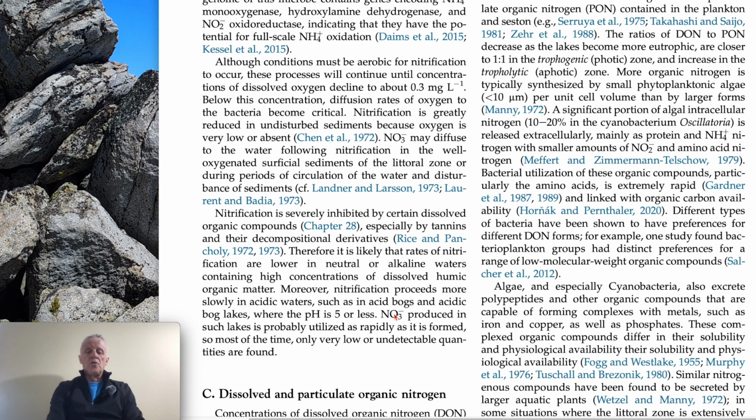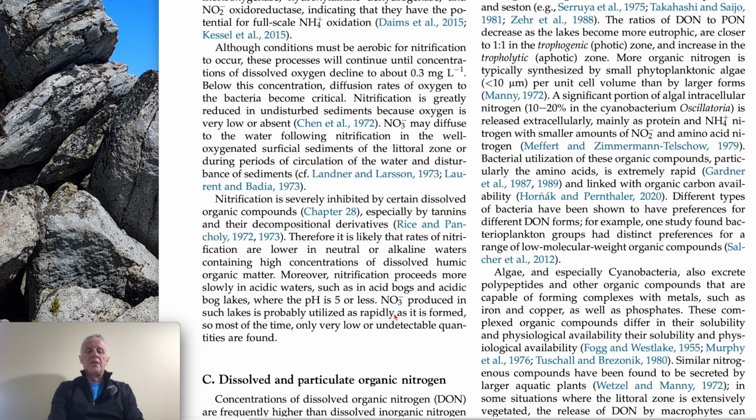A significant portion of algal intracellular nitrogen, 10 to 20% in the cyanobacterium Oscillatoria, is released extracellularly, mainly as protein and ammonium nitrogen, with smaller amounts of nitrite and amino acid nitrogen.